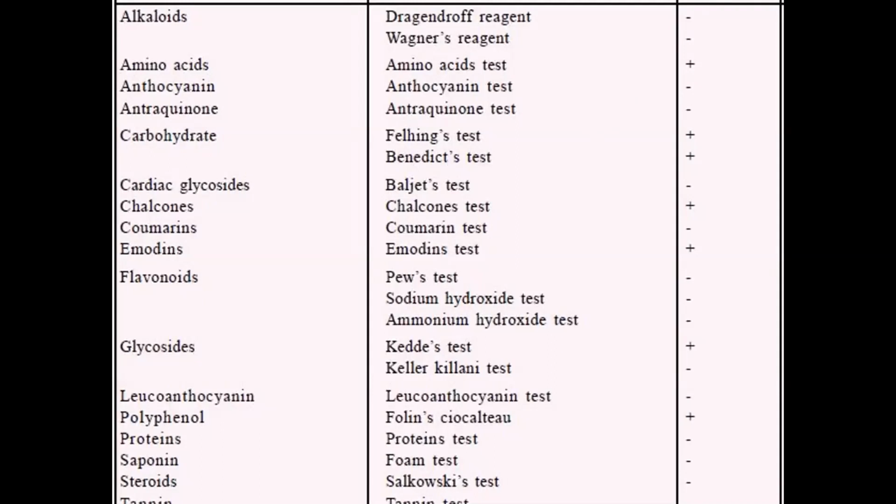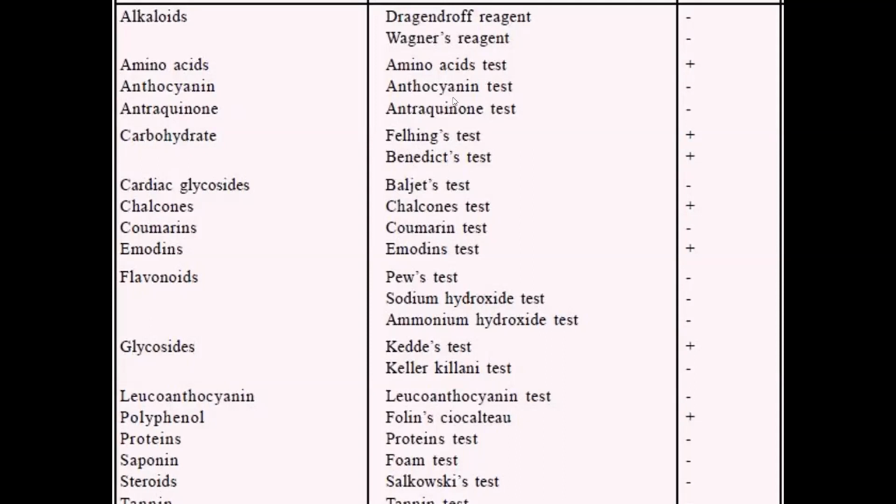Yes, ma'am. Okay, so as we move further, see the amino acid. There was one amino acid test, and there was a presence, because amino acid is actually a primary metabolite. It is a moiety from your protein.